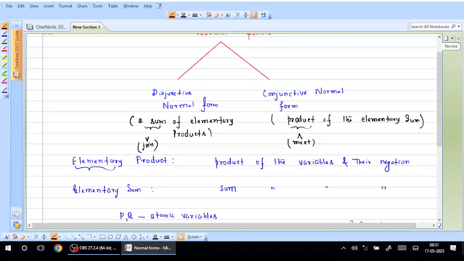Once we have this, we will try to understand the steps involved in converting a logical expression into CNF.